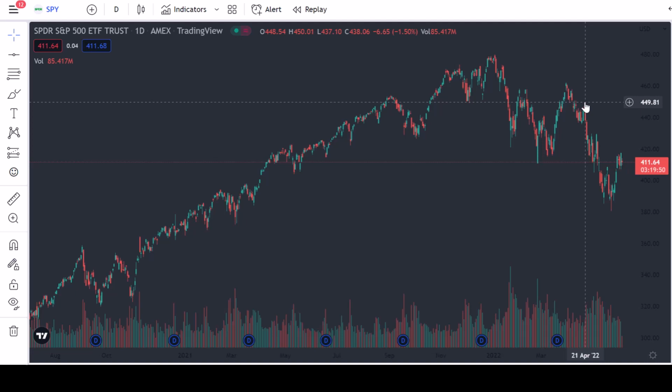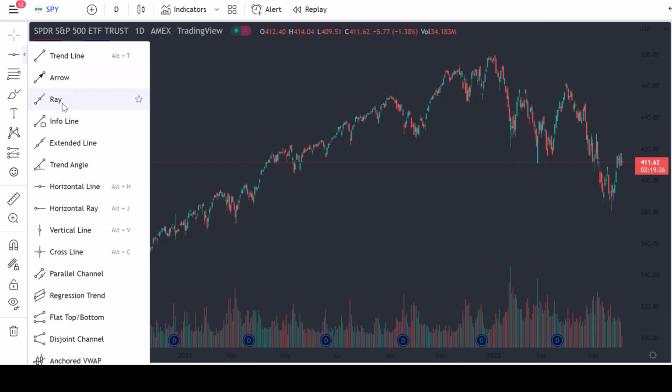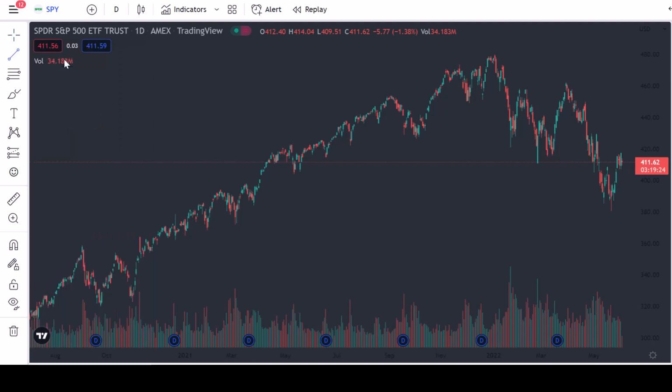All right, I hope that helps you with establishing support and resistance levels, as support and resistance levels are important even within a trend. In the last lesson, we talked about trends. Trends can also have support and resistance lines as well. Let's take a look at how that can be talked about.